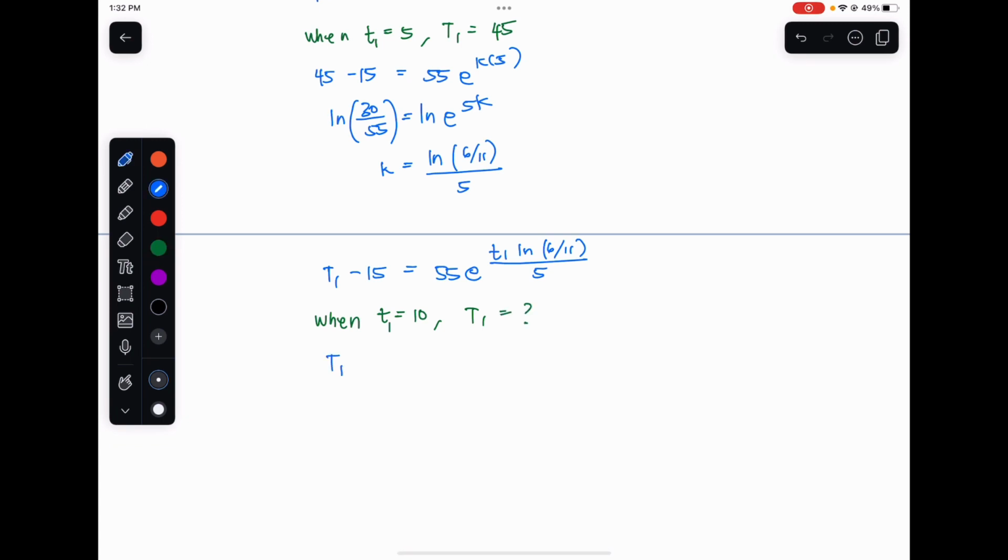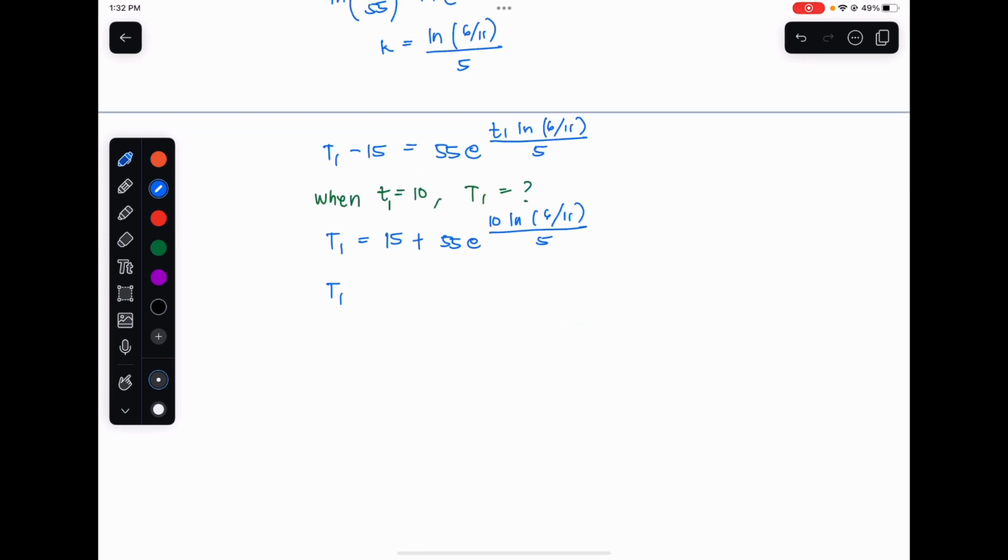We transpose 15, so it is 15 plus 55 e raised to 10 ln of 6 over 11 divided by 5, giving us 15 plus 55 e raised to 2 ln 6 over 11. That is approximately equal to 31.36 degrees Fahrenheit.